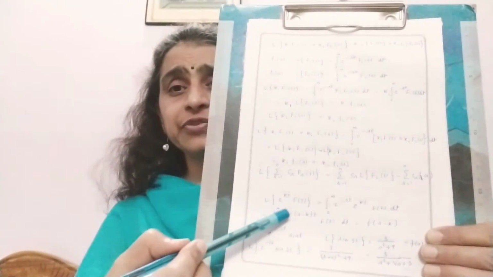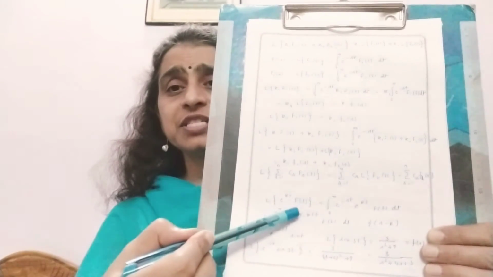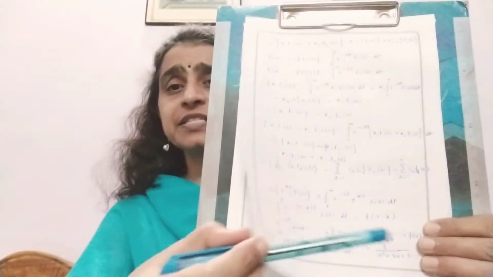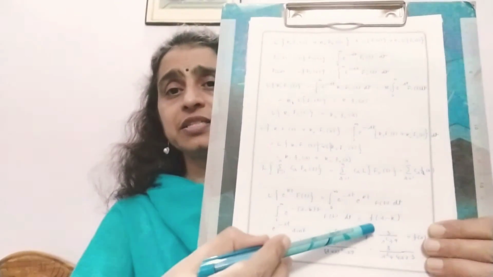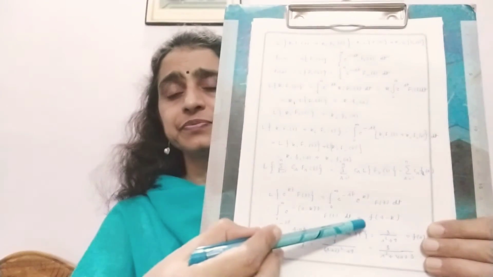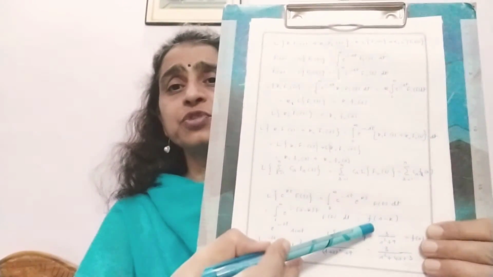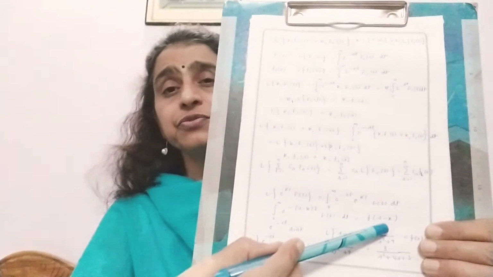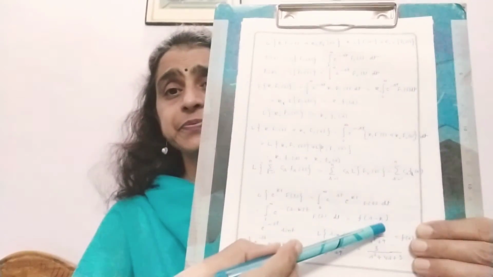Then on the right hand side, in place of the value F(s), we will get F(s minus k).